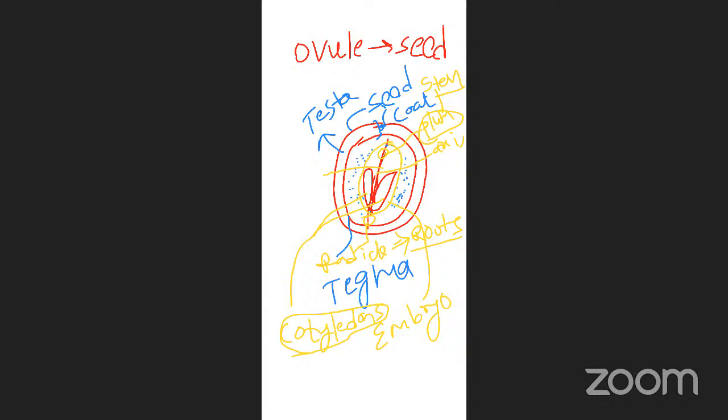Now let's see the dormancy types: exogenous dormancy and endogenous dormancy. First, let's discuss exogenous dormancy.